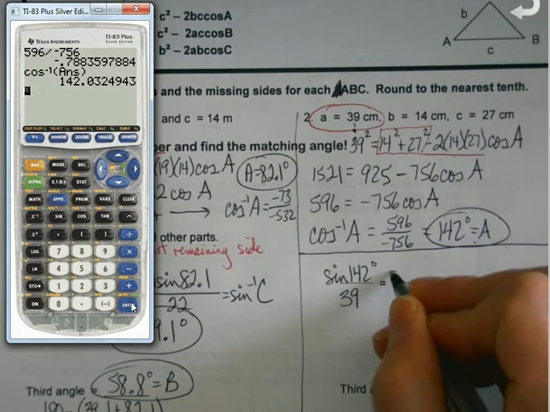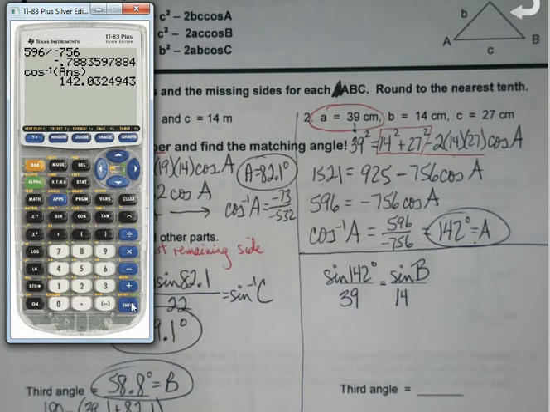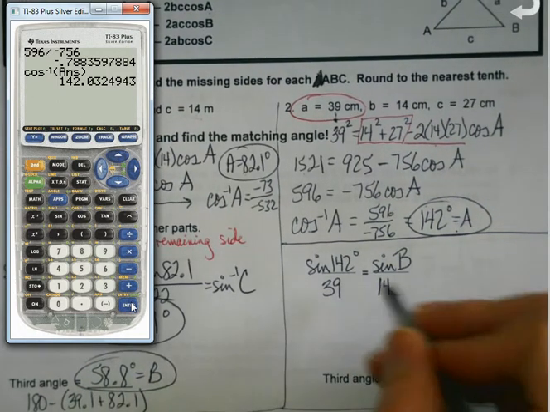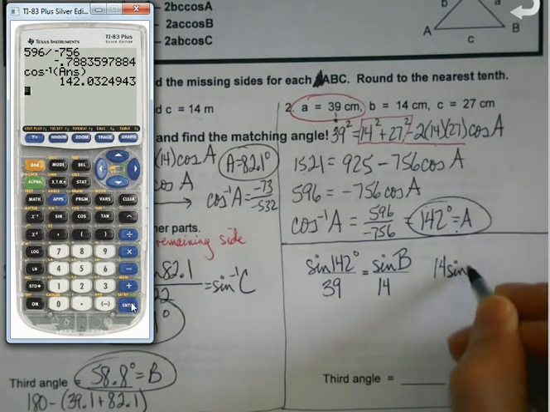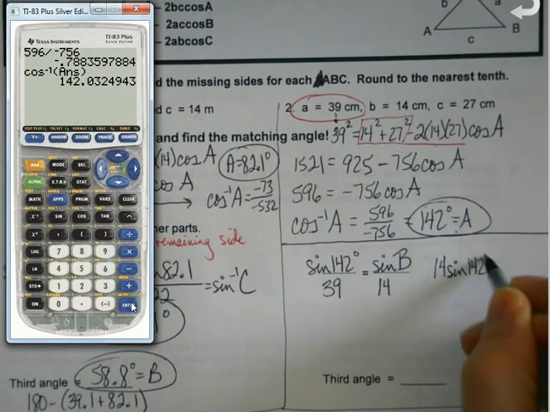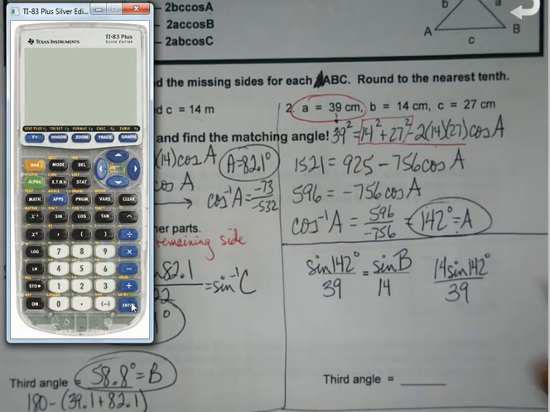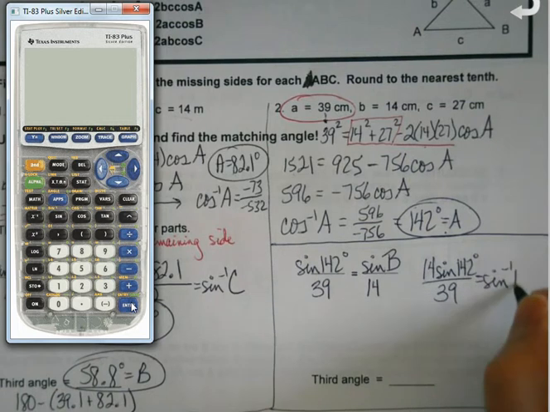Which means I am going to be finding angle B next. So just like we did back on the last one, cross multiply with your portion that doesn't have the B with it, divide by that B part, which will get me again my angle.